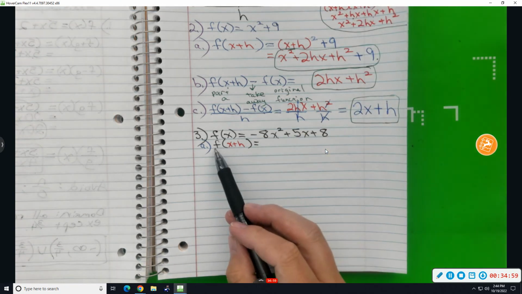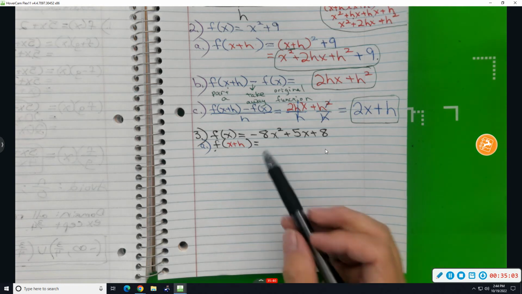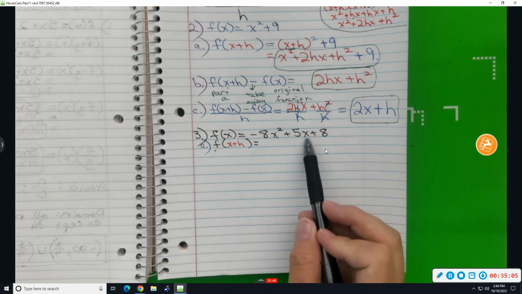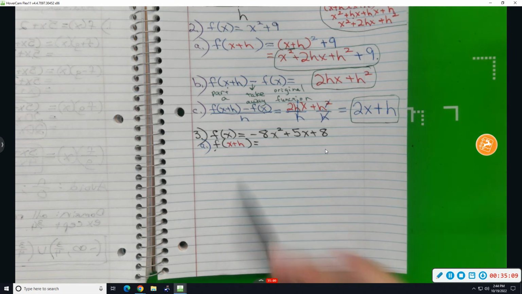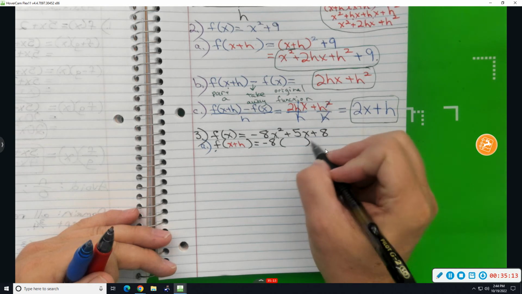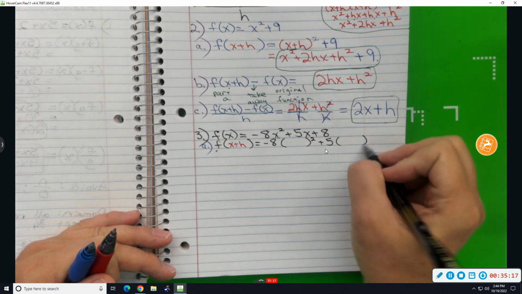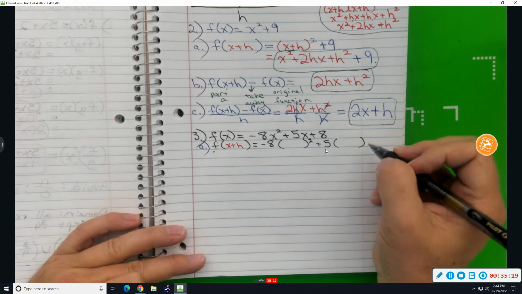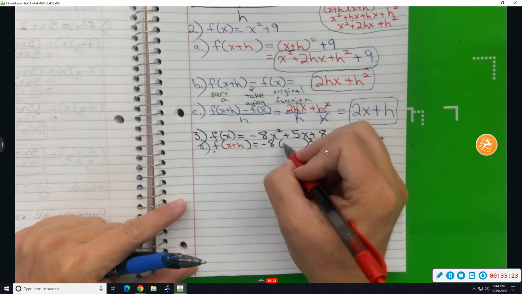This says go to your function f, and wherever you see a variable, there are two variables, there and there. Wherever you see a variable, replace it with x plus h. So I have a negative 8, replace the x with x plus h. I have a 5, replace the x with x plus h. And I have that plus 8 stuck on there.